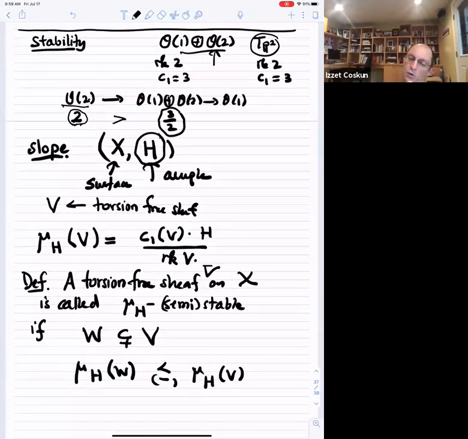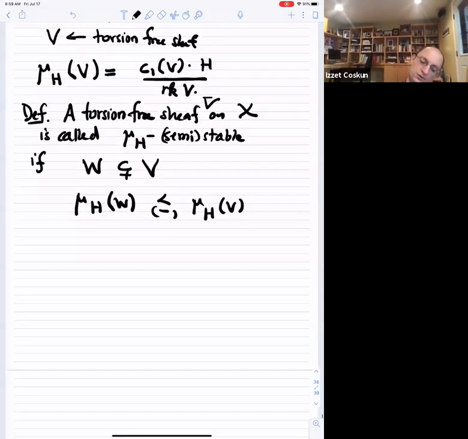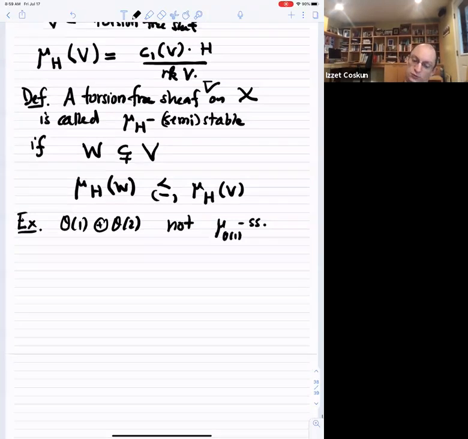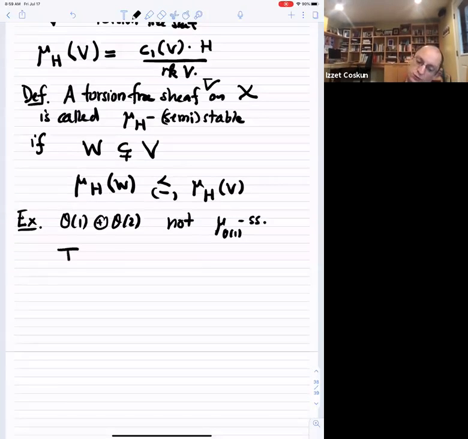This O of 1 plus O of 2 is not semi-stable, right? Because it has this O of 2 sub-bundle with bigger slope. On the other hand, the tangent bundle of P2 is semi-stable, okay? So examples here. O of 1 plus O of 2 is not mu semi-stable on P2. On the other hand, TP2 is.